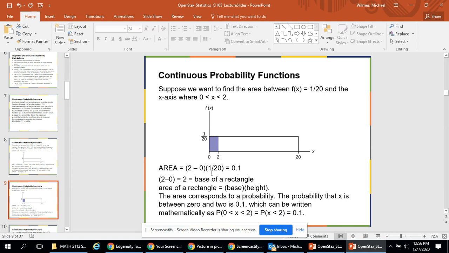So 2 multiplied by 1/20th, 2/20ths, or 1/10. So 0.1, a 10% chance of happening. Here's the work showing that. The probability that x is between 0 and 2, which is equal to the probability that x is less than 2, would be 0.1.